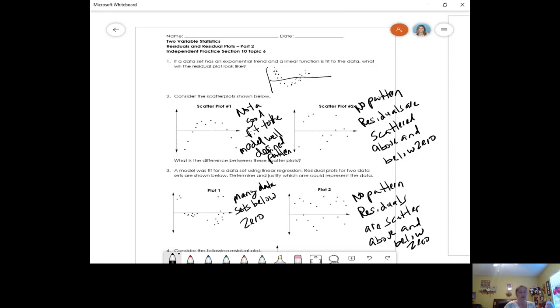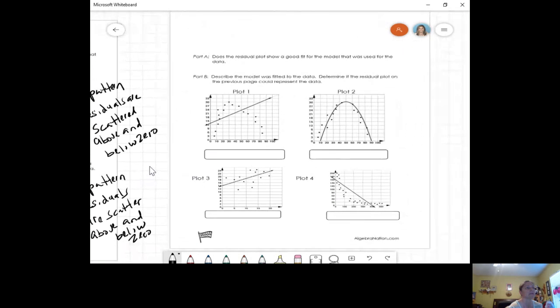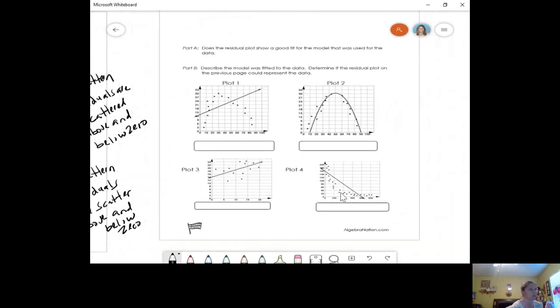Okay. All right, so let's look at the back. So, does a residual plot show a good fit for the model that was used for the data? Oh, well, that kind of disappeared, didn't it?